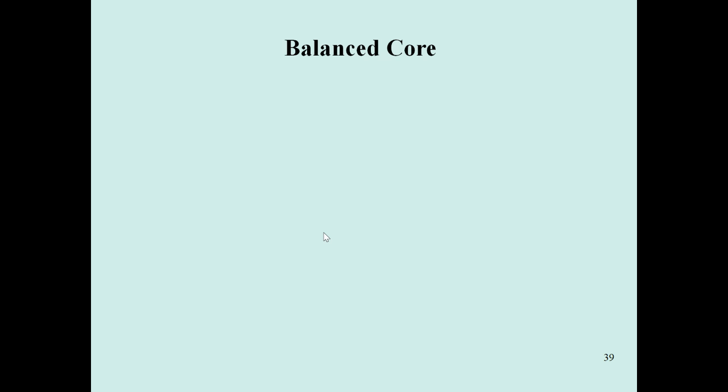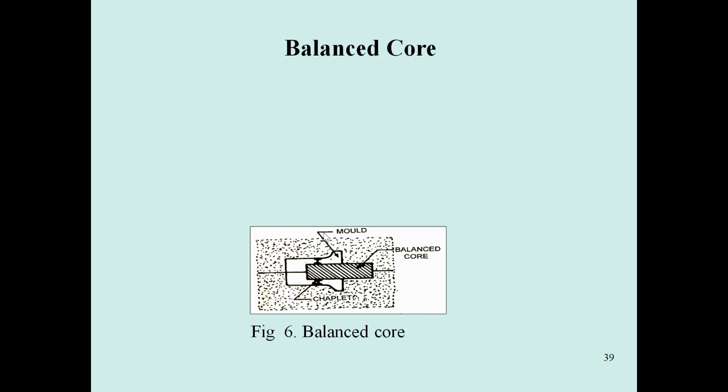Next is the balanced core. You can see the diagram of a balanced core. Chaplet, mold, and balanced core are the parts of the balanced core. Half of the core is kept in the mold, and the other half is in sand.